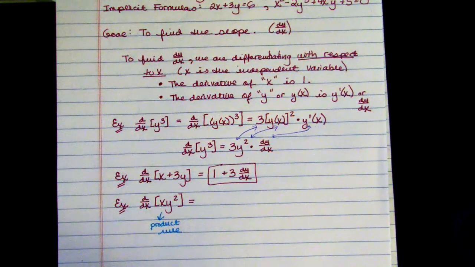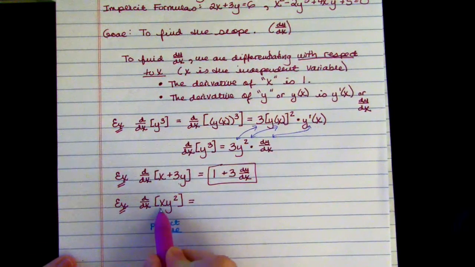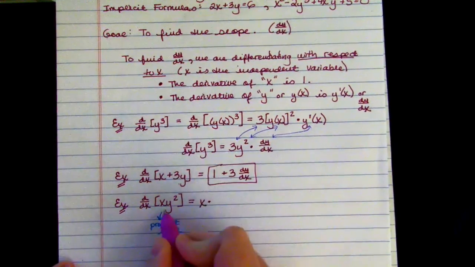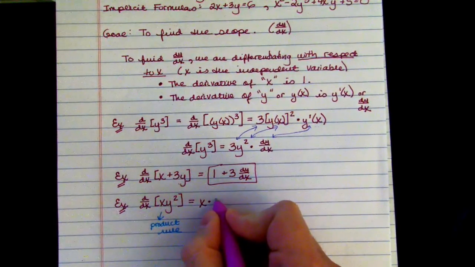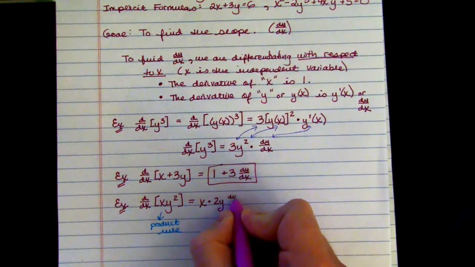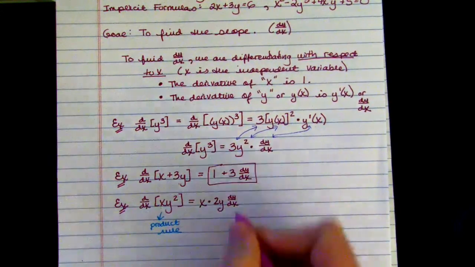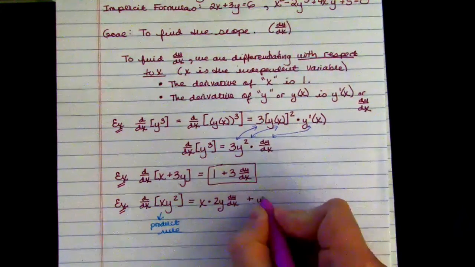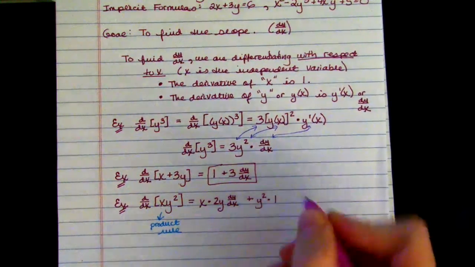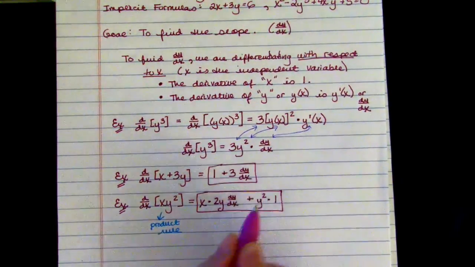But the derivative of y is dy dx because I'm using those chain rule ideas. So, first, x times derivative of the second, the derivative of y squared. Well, the derivative of the square is 2y to the first. But by chain rule, I now need to multiply by the derivative of y, dy dx. X times 2y dy dx is my first times derivative of the second. Plus second, y squared, times derivative of the first, times 1. If I want to find the derivative of x y squared, I'm going to get this line.